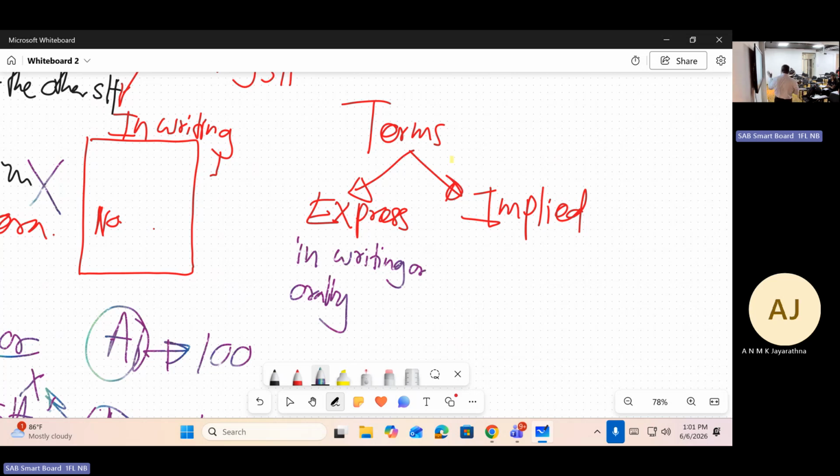Yes, there are two types of terms, express terms and implied terms. Express means terms agreed by the parties in writing. Implied means we can imply some terms into the contract in order to understand the nature or intention of the parties. So in this case, the salary payable is not mentioned in the appointment letter, so it is not expressly agreed by the parties.